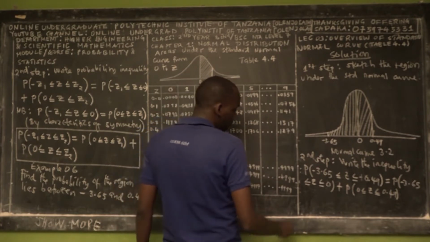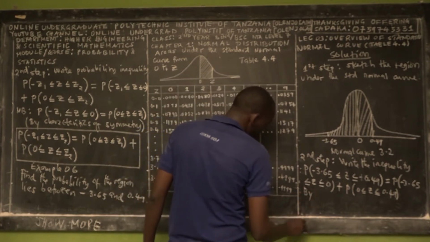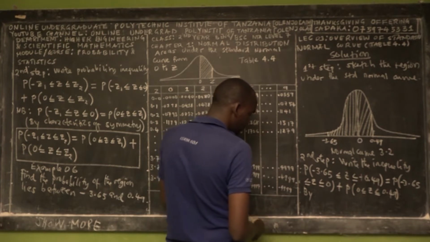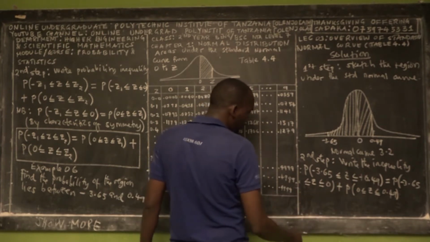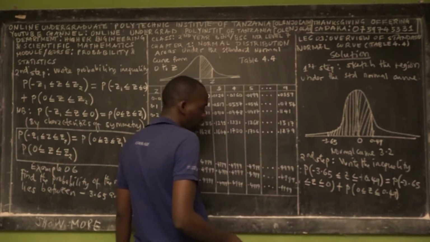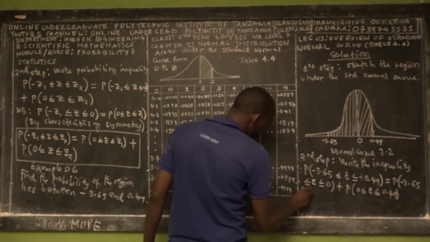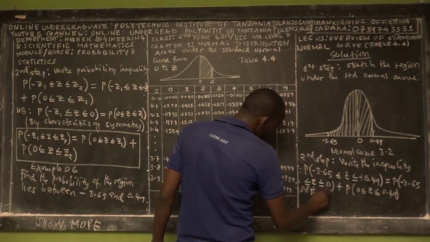Okay, by symmetry. So the third step, we have a problem here. We can read this one directly from Table 4.4. So now third step.